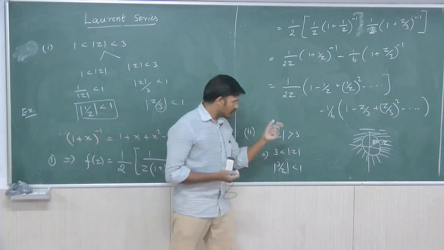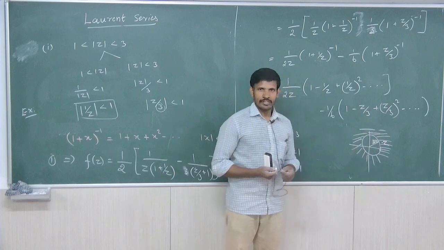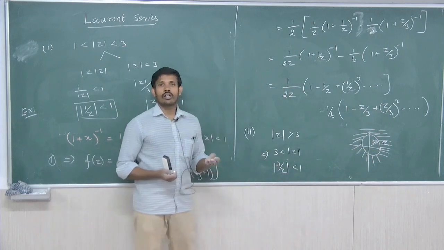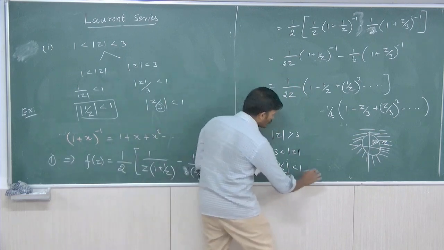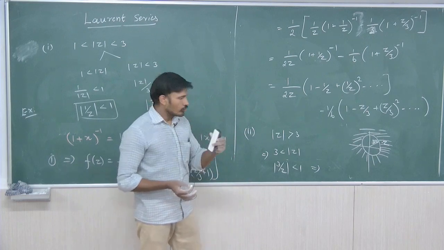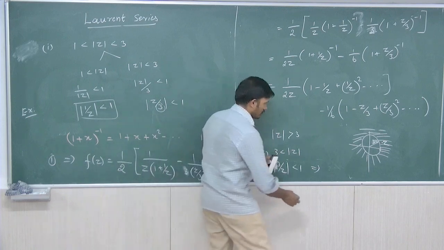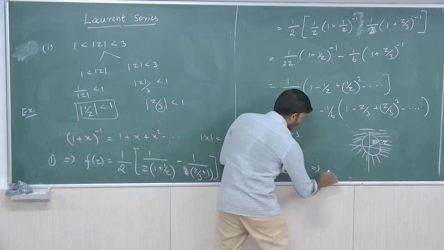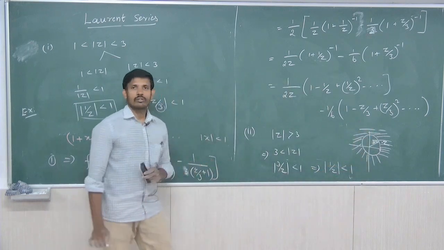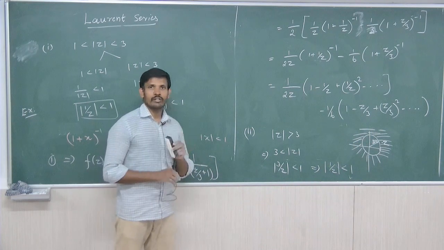Similarly, suppose you take z as 3.7 or 3.8, what is 1 by 3.7? That value is also less than 1. So trivially, because we want to expand z plus 1 also, without loss of generality, you can take modulus 1 by z also less than 1, right?